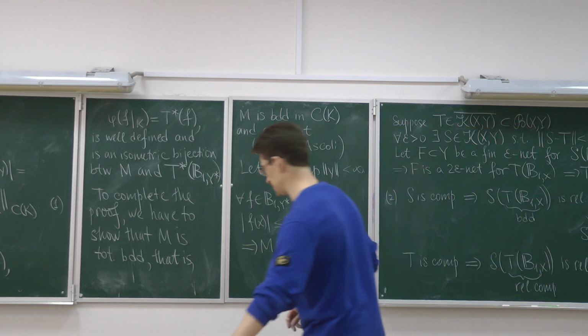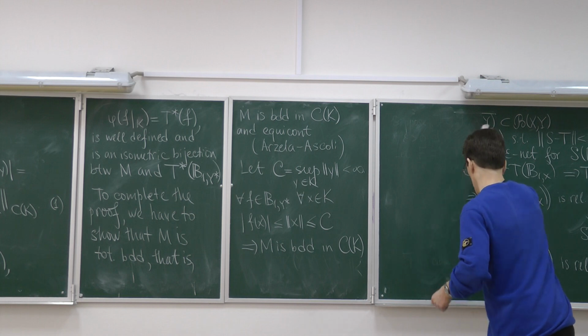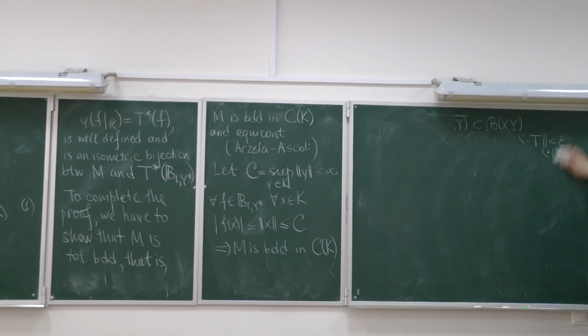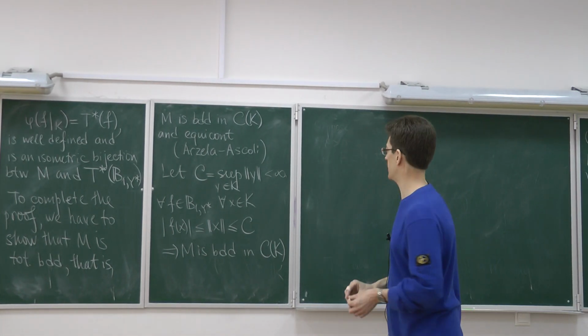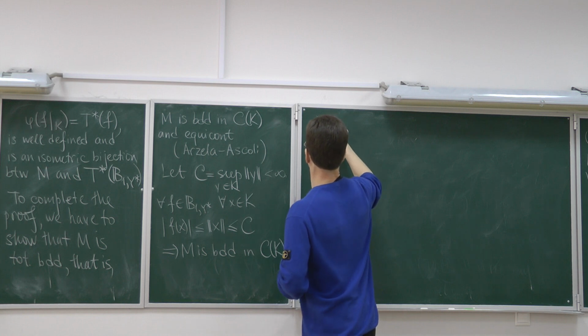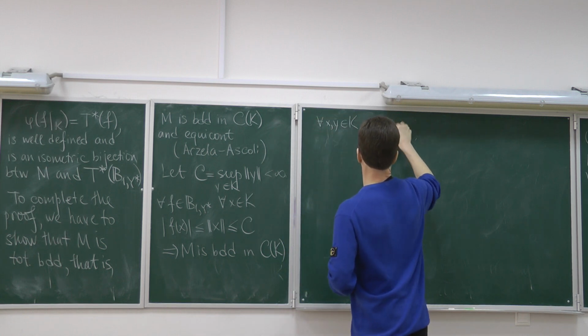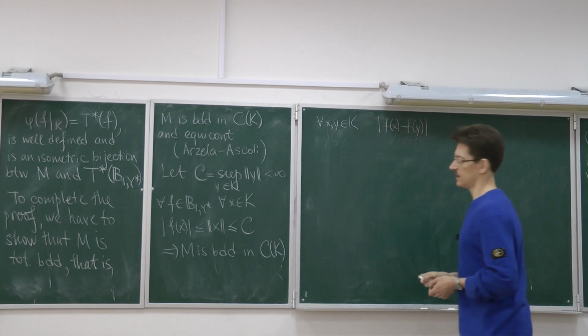And to show that it is equicontinuous, we take two points in K, say x and y in K, and now the distance between their images, f of x and f of y, what is this?